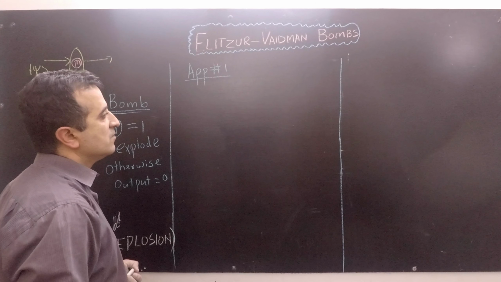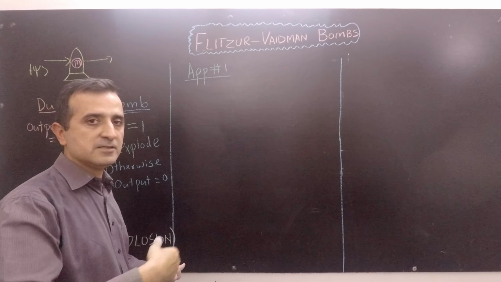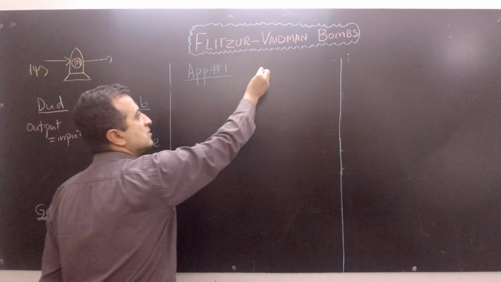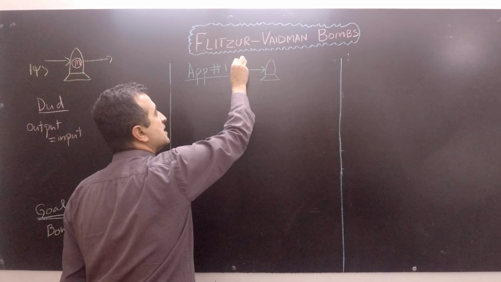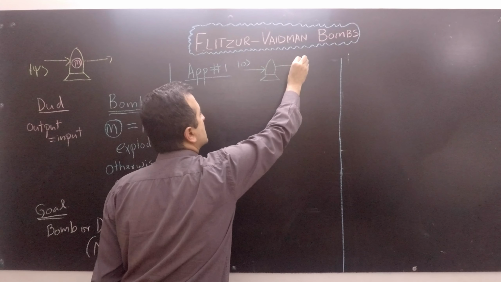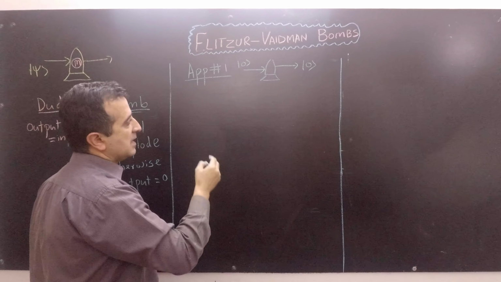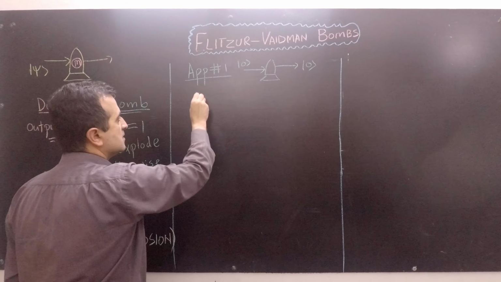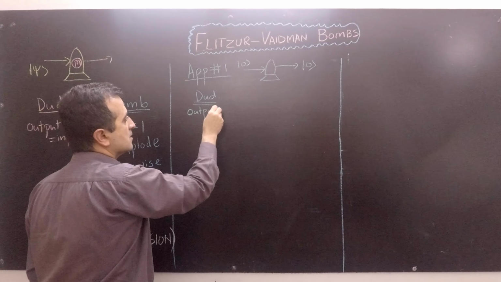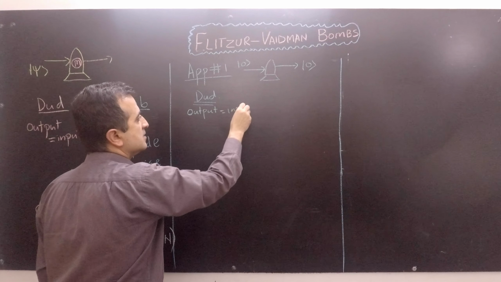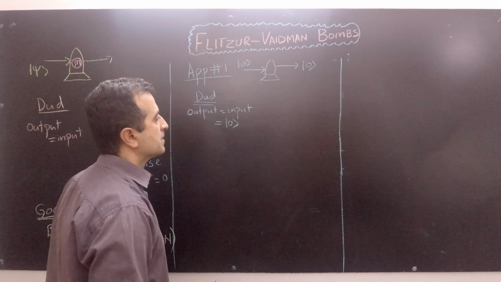In approach number 1, we give the device naively the input of ket 0 and ket 1. So if we give the device input of ket 0, then we will always get output of ket 0. That is because in case the device is a dud, then output is equal to input. Hence, our output will be equal to ket 0.